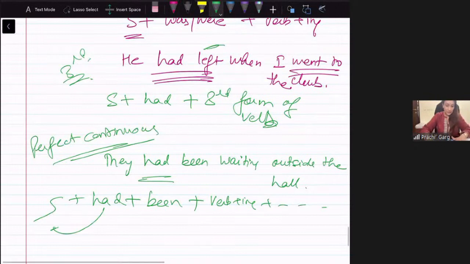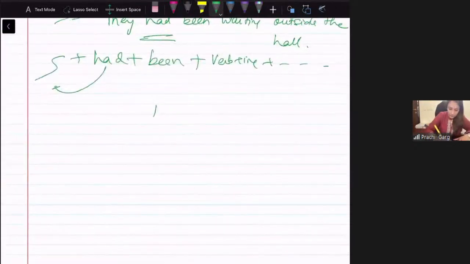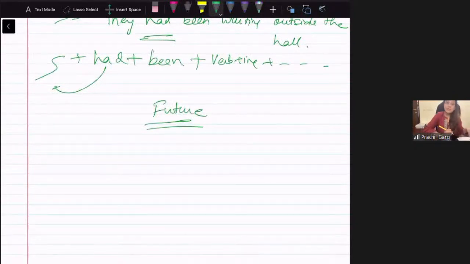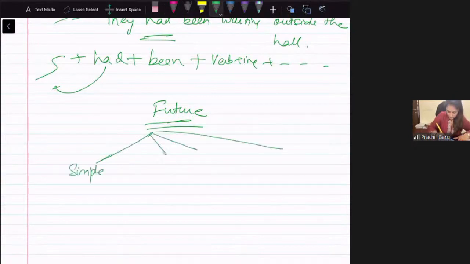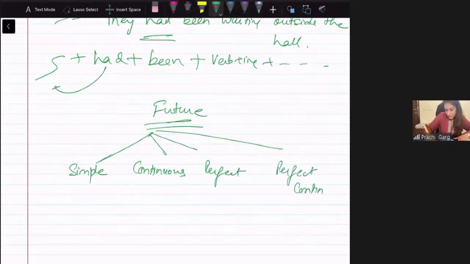Let's quickly pick up the last tense, which is the future tense. Future tense also has four kinds. The first is simple, then continuous, then perfect, and then perfect continuous. But quickly, please send me your responses. Have you understood the past and the present?